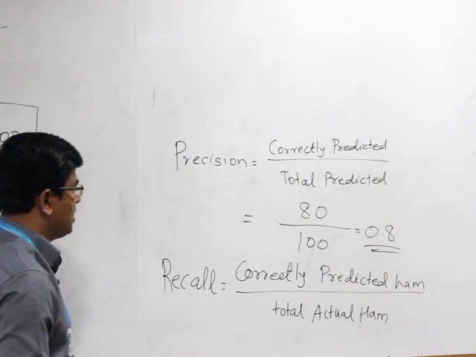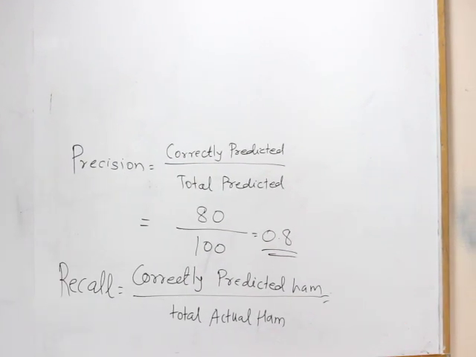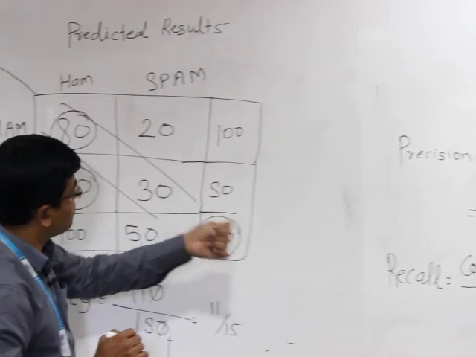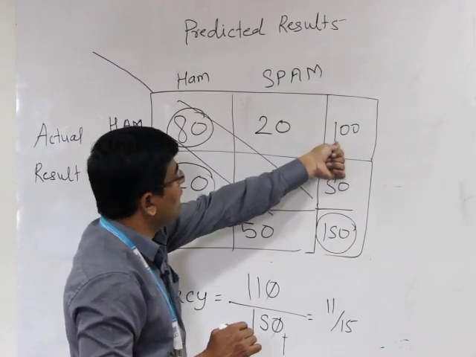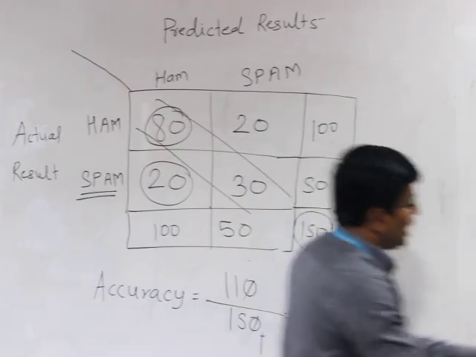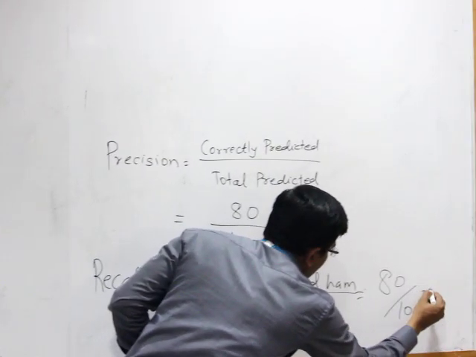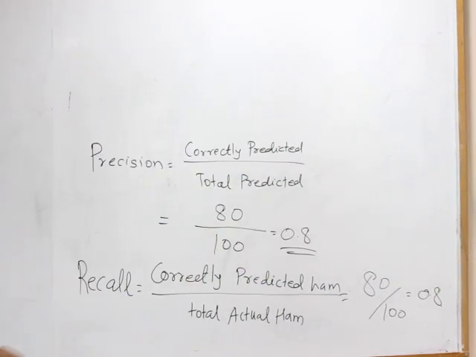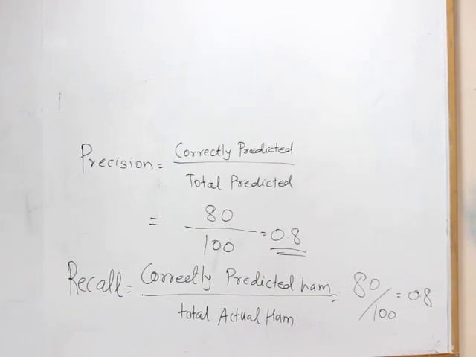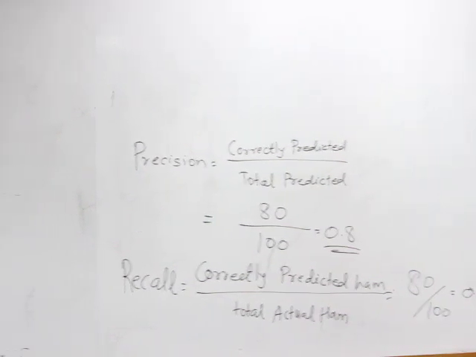This gives me the correctly predicted ham, that is 80, and actual hams are 100. So 80 over 100 is the recall. So these are the measures through which we can analyze the performance of our classifier.